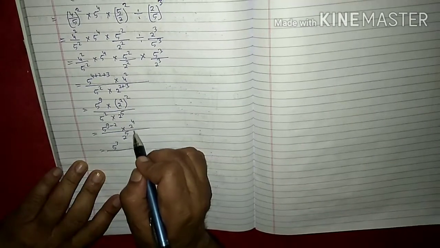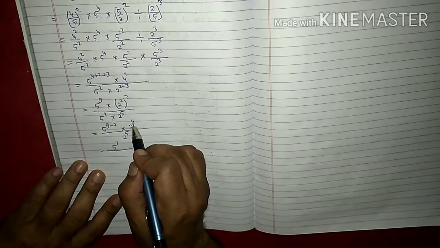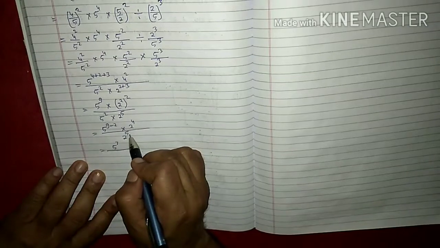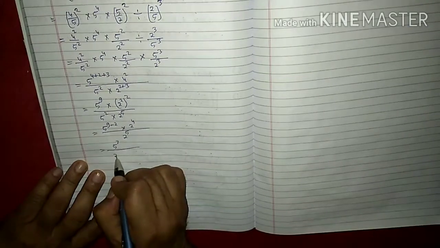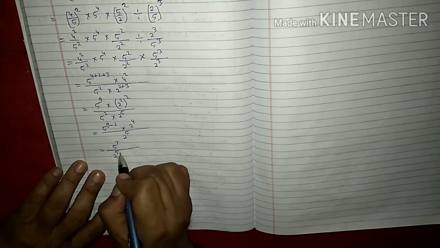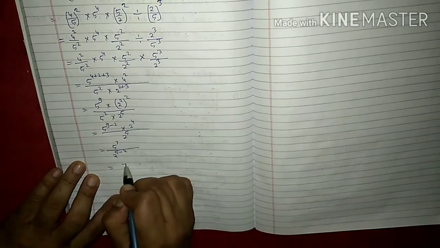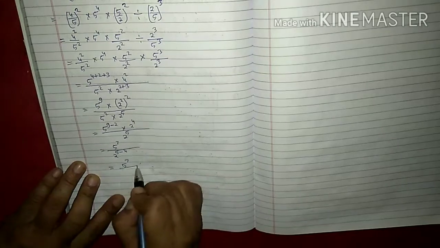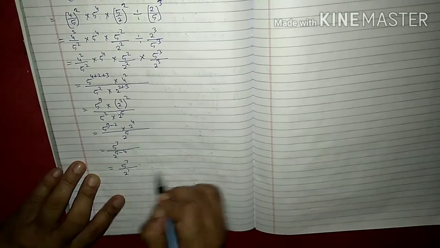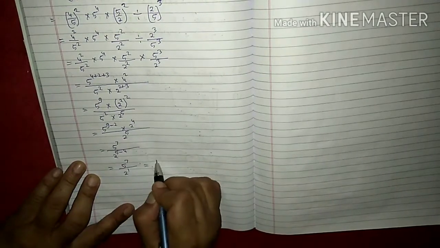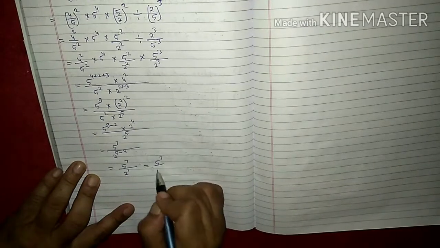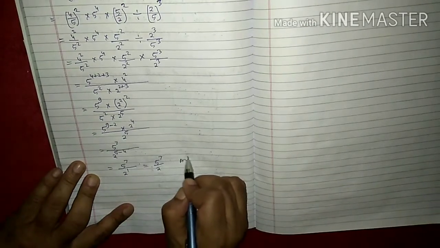Solve it. When 4 comes to this side, it will be negative: (2/5) power -4. So it will be (5/7) power 2 upon 1, or you can write (5/7) power 2. This is your right answer.